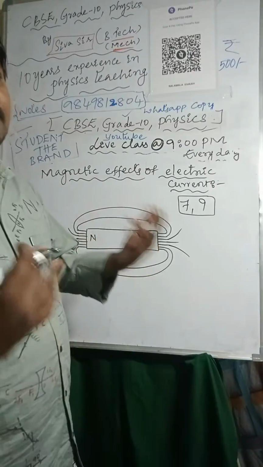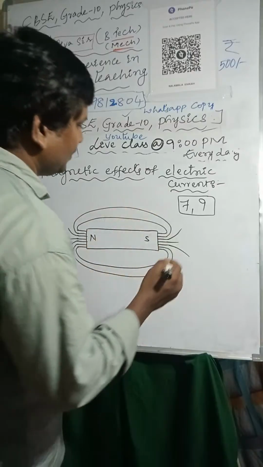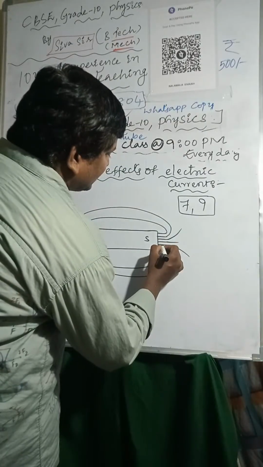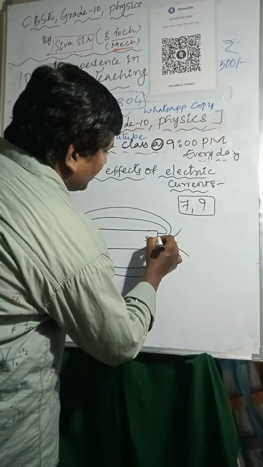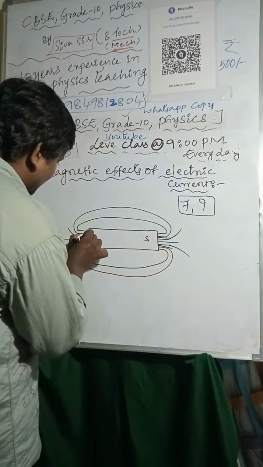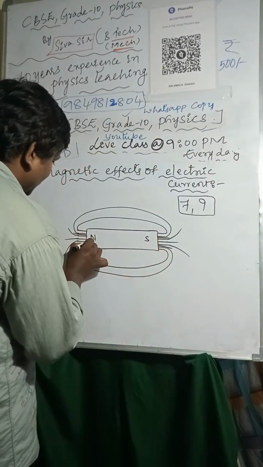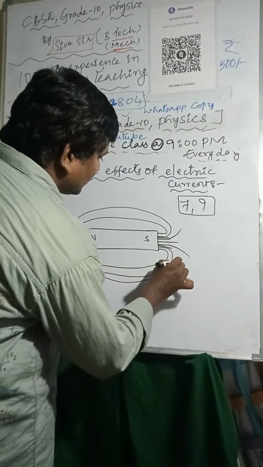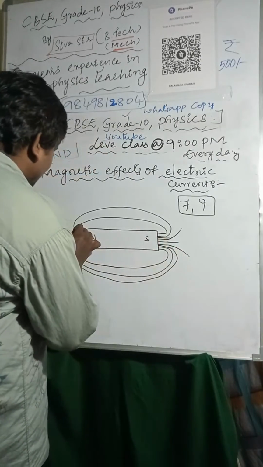We can take 9 lines also. Here I'm taking 9 lines. So one here, and one more I'm considering here, and one more. So like this, 3 lines, and here one more line.